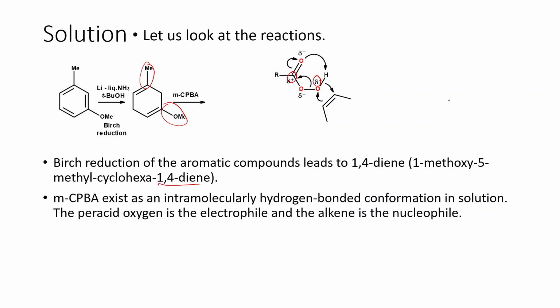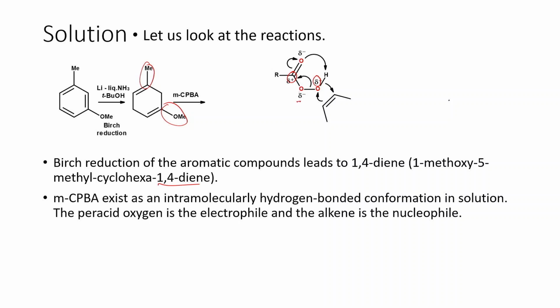If this oxygen gets polarized as a delta plus charge, then we have a Coulombic repulsion, because you will have a carbonyl carbon with a delta plus charge and also an oxygen with a delta plus charge. Both of them will repel each other, so that kind of polarization is not feasible. What is the other way possible?